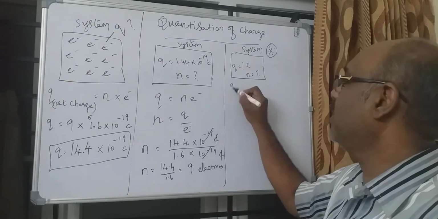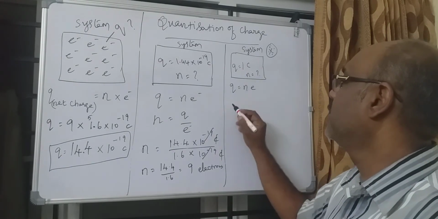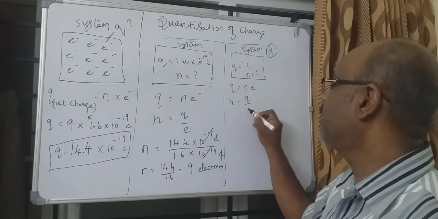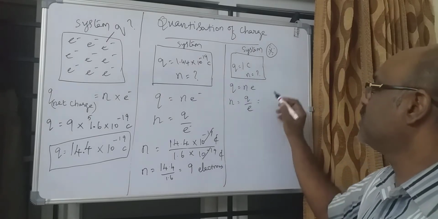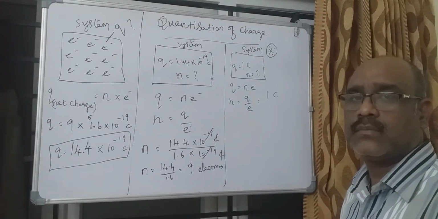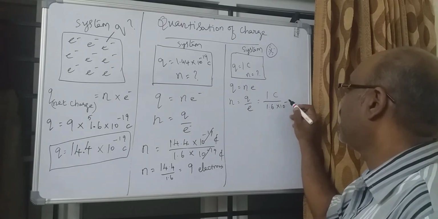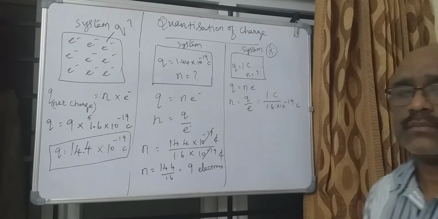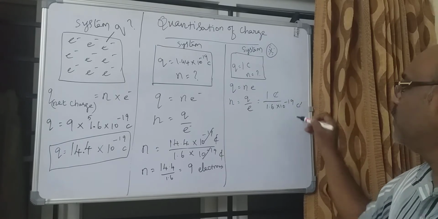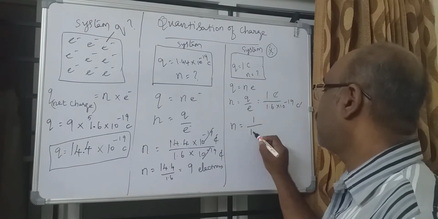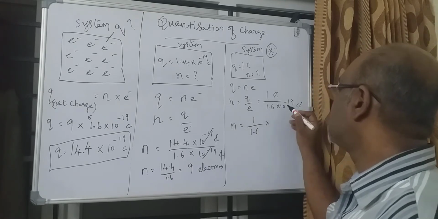We know the formula, Q is equal to N into E. We want to find N, which is equal to Q divided by E, where Q is 1 coulomb, divided by the charge, 1.6 into 10 to the power minus 19 coulomb. Coulomb will get cancelled. So N is equal to 1 divided by 1.6 into 10 to the power minus 19.